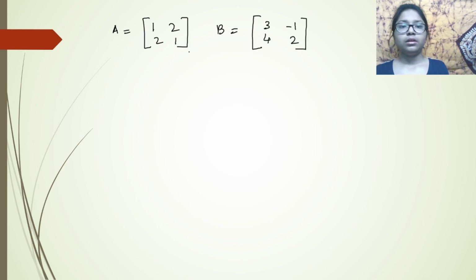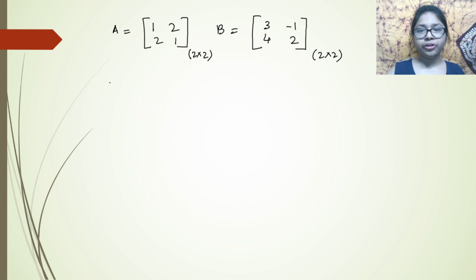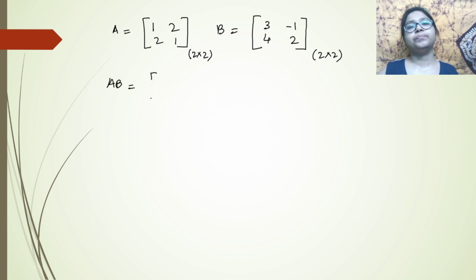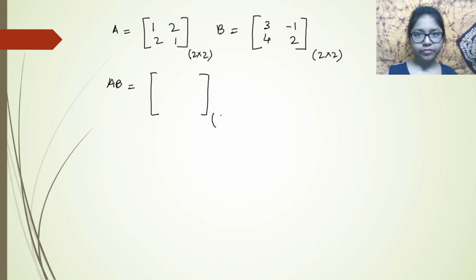This is of order 2 by 2, and this is also of order 2 by 2. The order of the resultant matrix AB should be the number of rows in the first matrix, that is 2, by the number of columns in the second matrix.